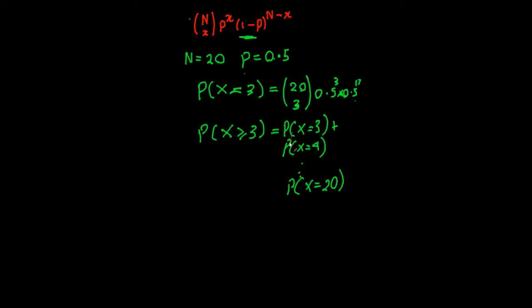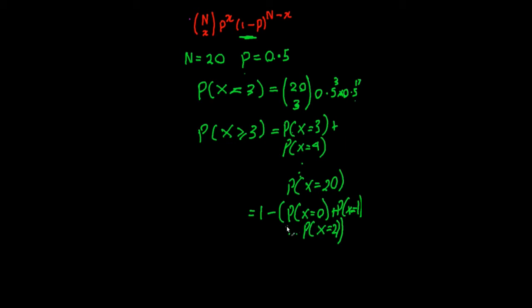I can do this, or thanks to the probability adding up to 1, what I can do is say equals 1 minus, in brackets, probability of x equals 0, so no heads at all, probability of x equals 1, and all the way up to x equals 2. Okay, so that's the general idea of how you do binomial probabilities.